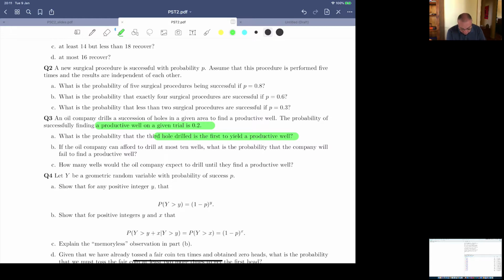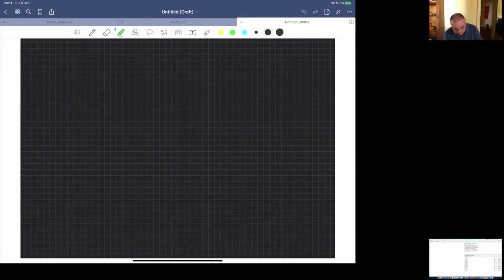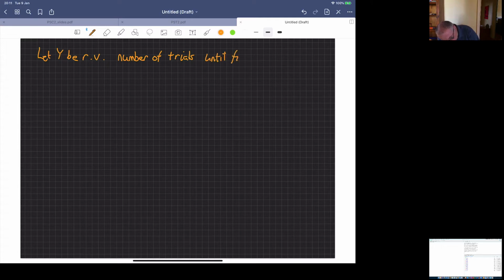Okay, so now at that point, the first thing I would always do is write down the information we have been given. So what information have we been given? We'll go, let Y be the random variable that is the number of trials until the first productive yield.